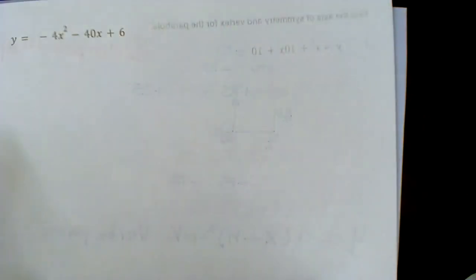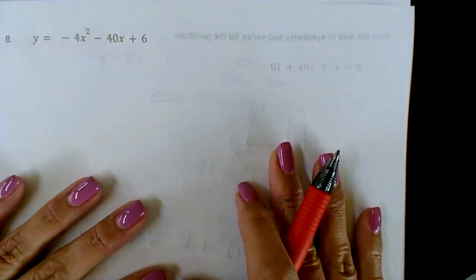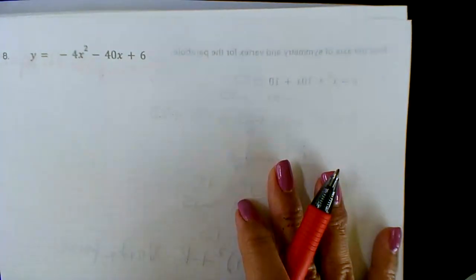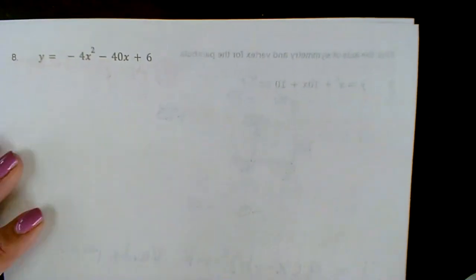Okay? And the next one is 8. This one says find the axis of symmetry and vertex for the parabola. So the first thing that we're going to do here, we're going to factor out the -4.